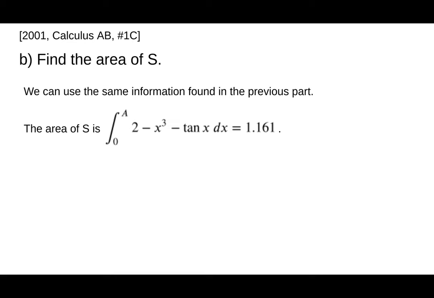We're taking our top function, the function that is above the other one, minus the bottom function, and on this interval from 0 to A, y equals 2 minus x cubed is above the graph of y equals tangent x, so this is the correct setup. And again, it's a calculator problem, so let your calculator do the calculus. That integral is 1.161.